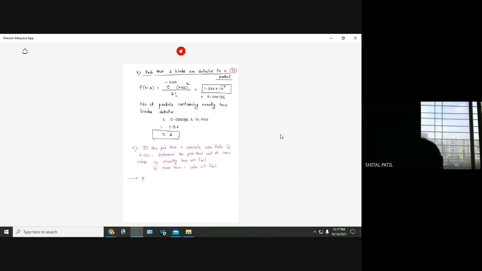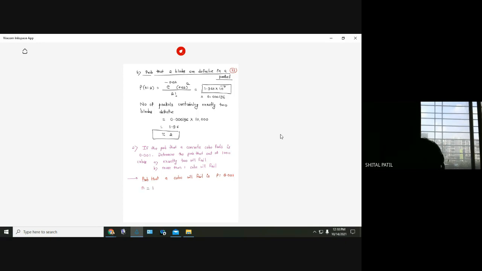Probability that a concrete cube will fail is 0.001. So see, the value of p is very small.